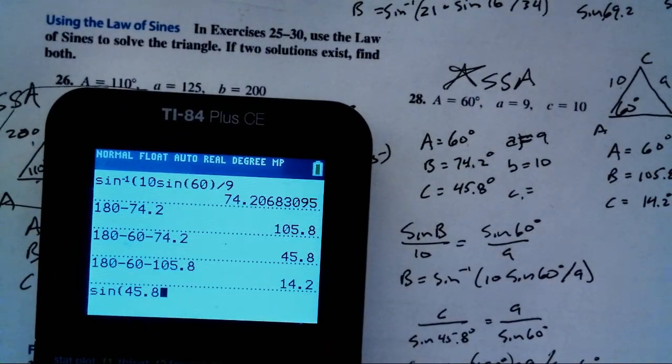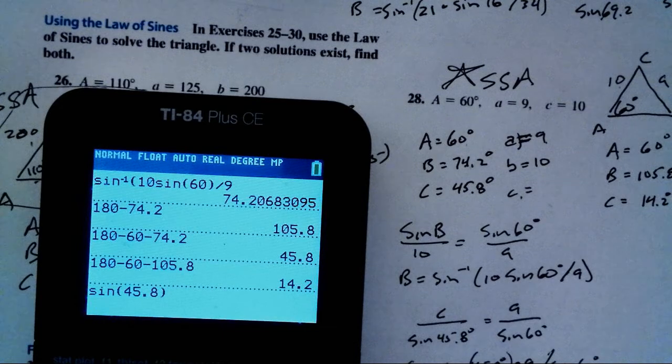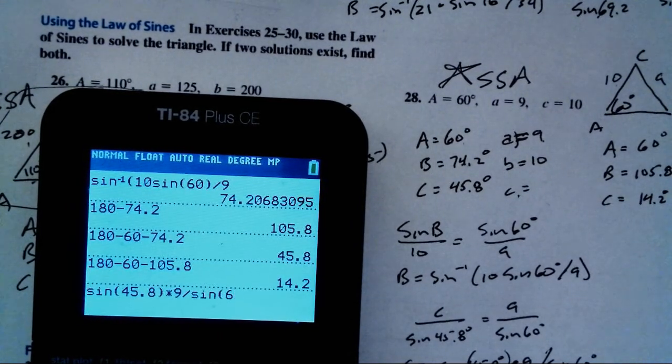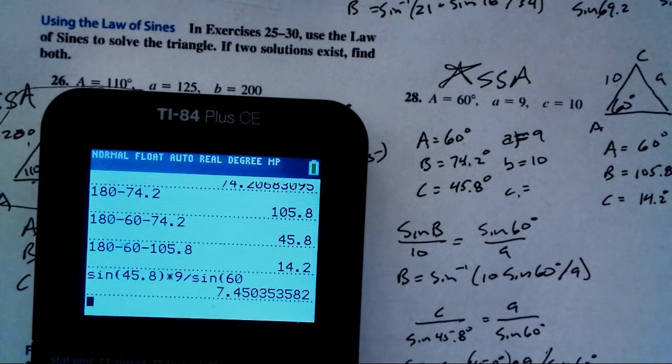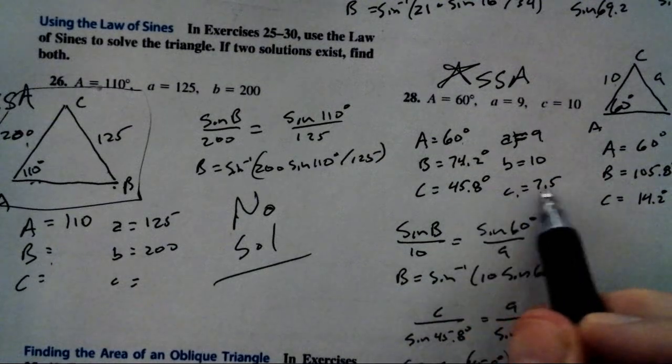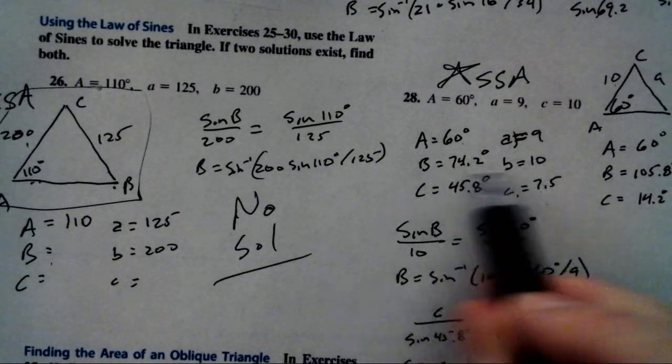Sine of 45.8, close parentheses, times 9 divided by sine of 60, and we get 7.5. See, small angle, small side, big angle, big side.